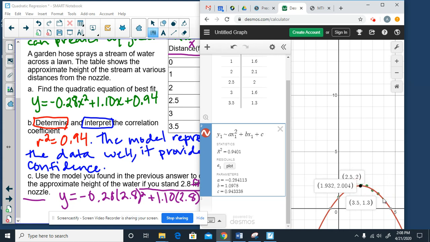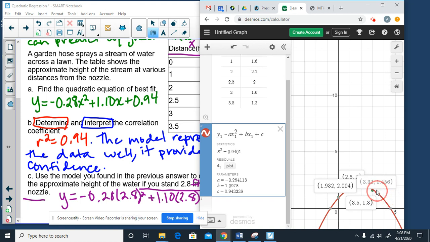Maybe a height of, let's say, a height of 1. We could use our graph and find where y is 1, and then from there, estimate what our x would be. So you could use your graph to estimate either x's or y's.